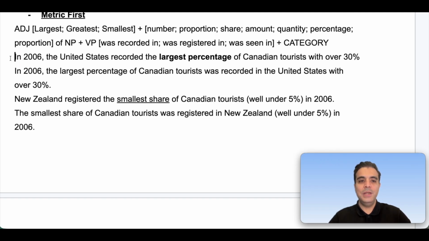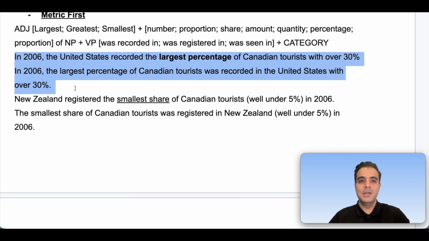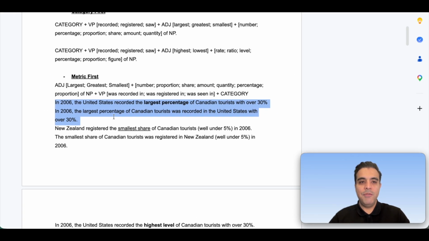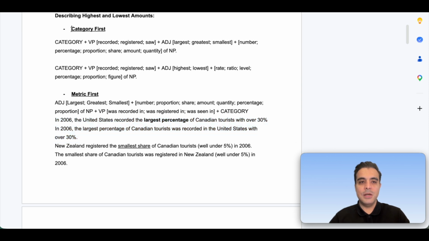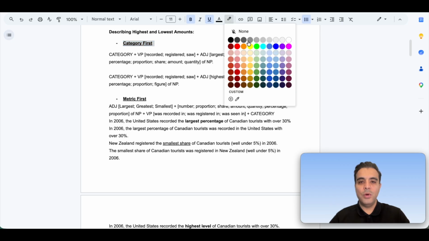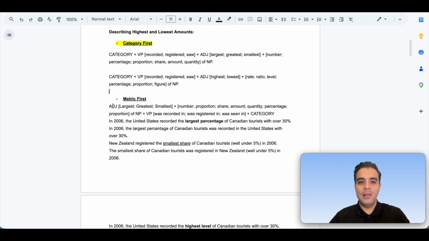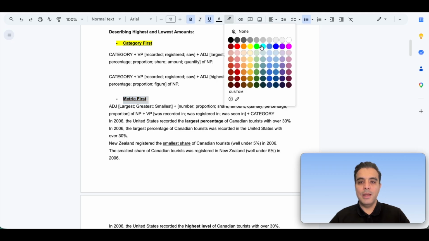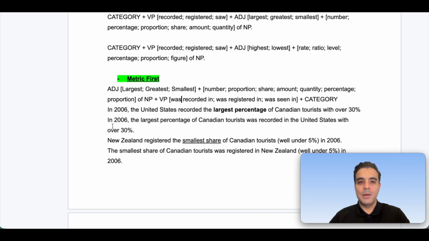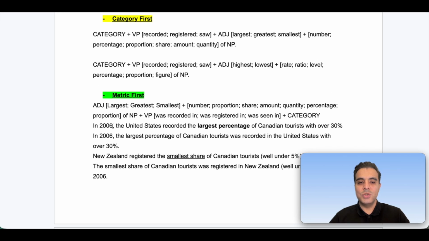So once again, I'm putting these structures side by side to help you better understand how they should be used. And in fact, to make it a little bit easier, for the category first structure, I'm going to use a color highlighting scheme. So how about we highlight this category first structure in yellow, and the metric first structure, let's go ahead and highlight that in green. So as you can see, we have some sentences written in these two structures.